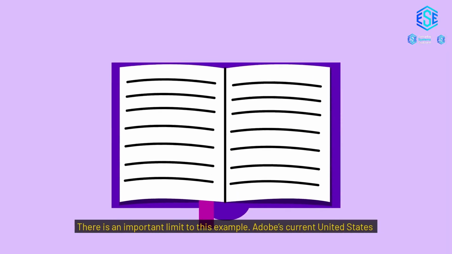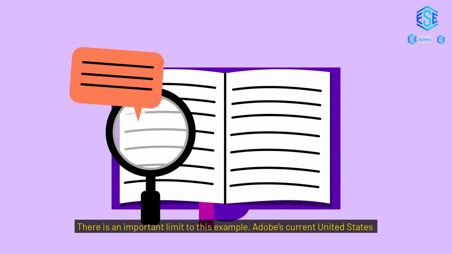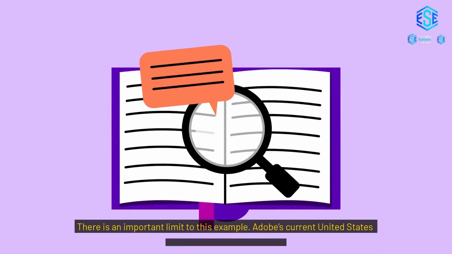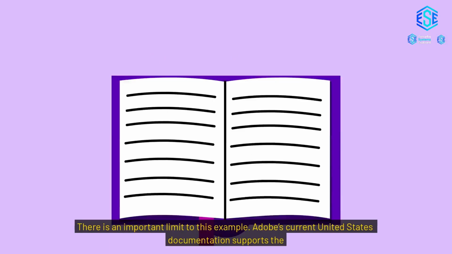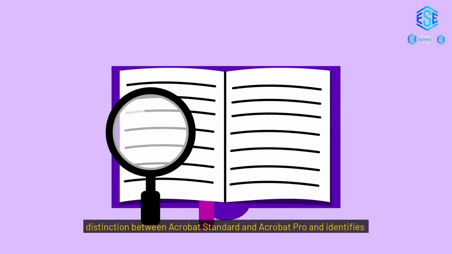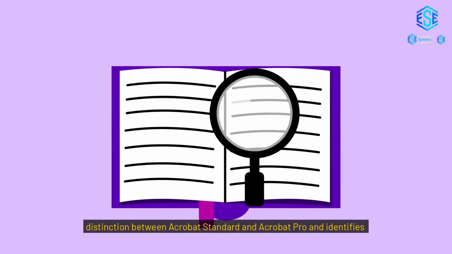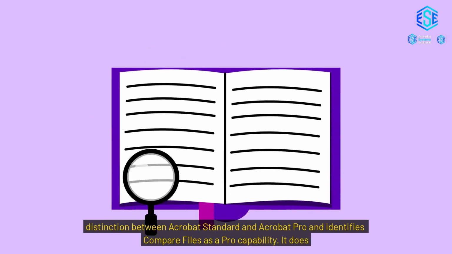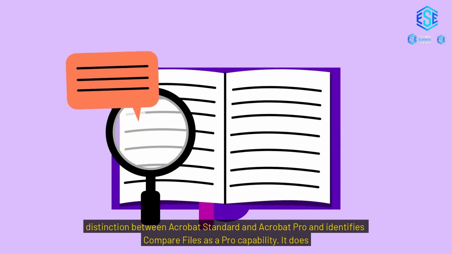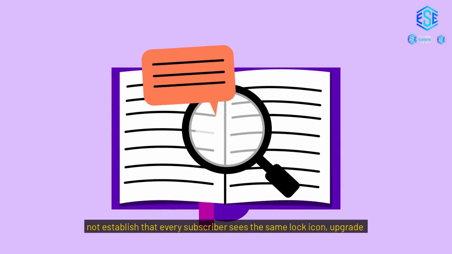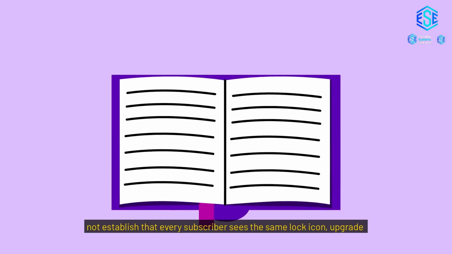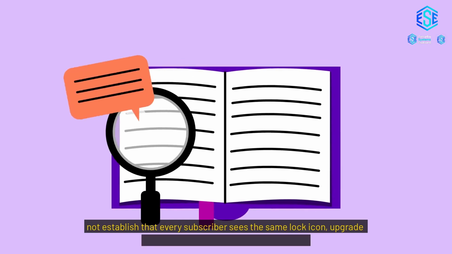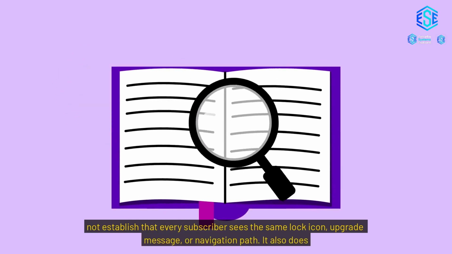There is an important limit to this example. Adobe's current United States documentation supports the distinction between Acrobat Standard and Acrobat Pro and identifies Compare Files as a Pro capability. It does not establish that every subscriber sees the same lock icon, upgrade message, or navigation path.